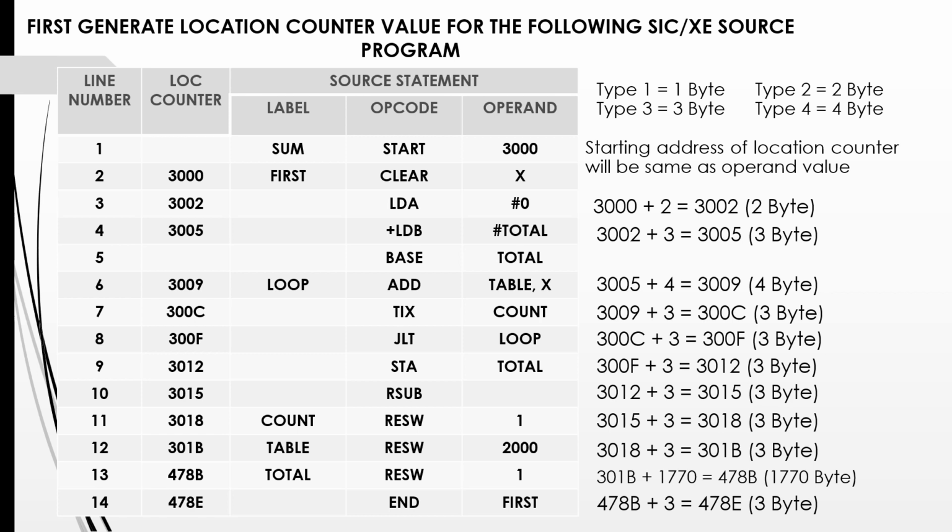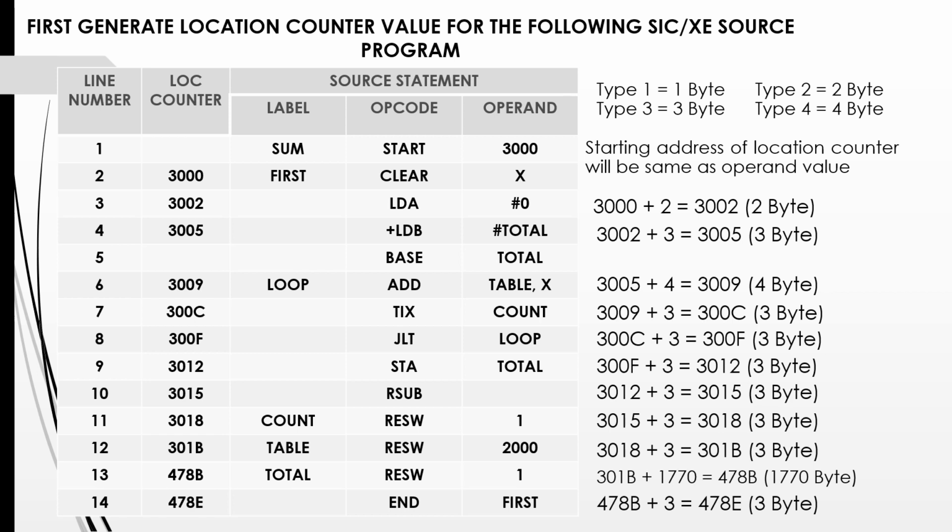These are the types of instructions, that is type 1, type 2, type 3, type 4. They have sizes: type 1 has the size of 1 byte, type 2 has 2 bytes, type 3 has 3 bytes and type 4 has 4 bytes.